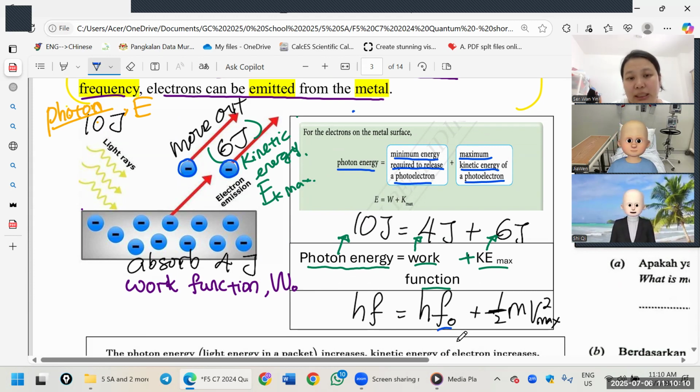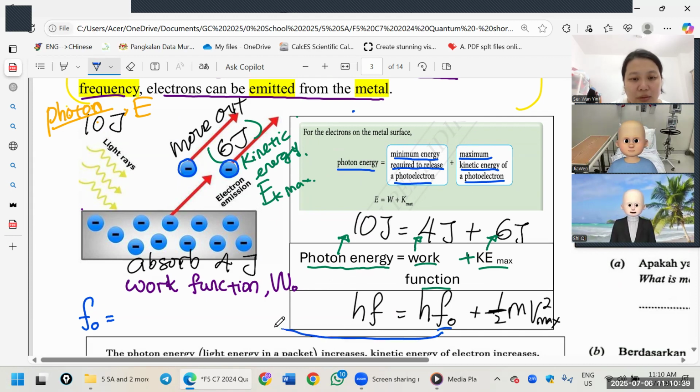Every material has its fixed work function, so it has its fixed frequency. By the way, this f naught got a name later. f means the f for light energy. This is the material frequency. And KE max is half mv squared, maximum.